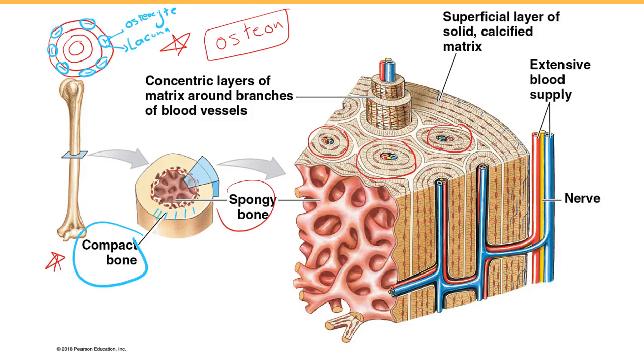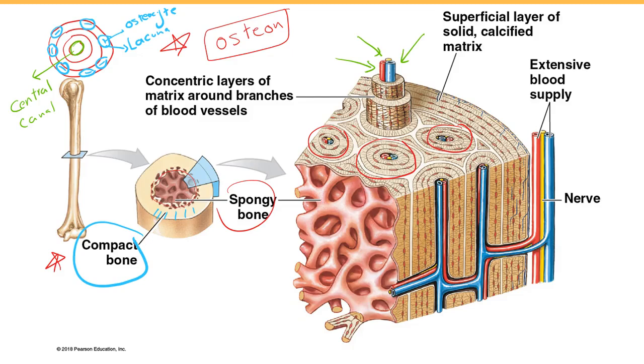Then at the center here we have the canal, which is called the central canal because it is found at the center. Inside of the central canal we have blood vessels like artery and vein, and we also have nerve.